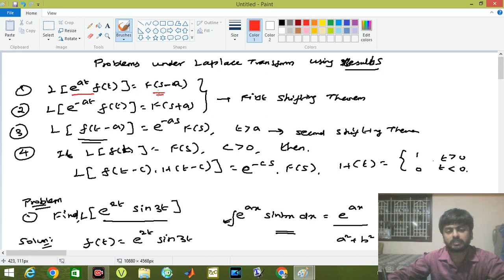For that we are having f of s minus a. In the same way, you can try for e power minus a t f of t. So finally you have to replace f of s by f of s plus a. Very simple. Now I am going to explain 3 and 4.